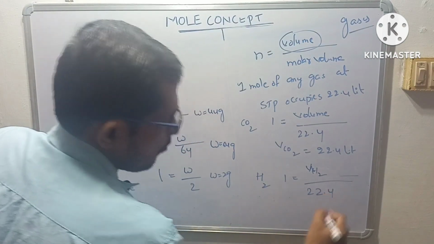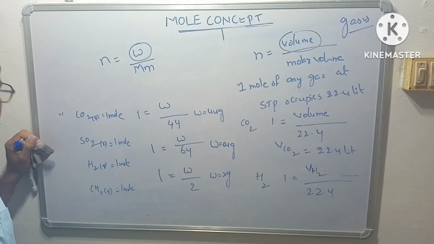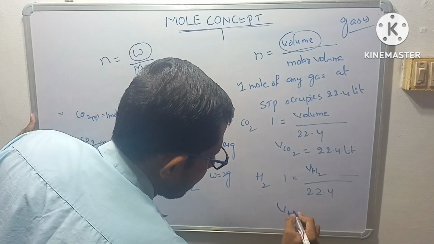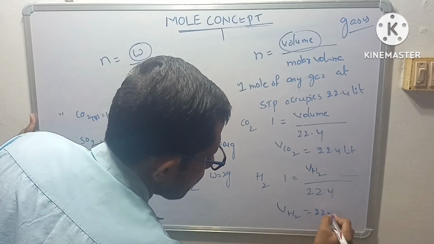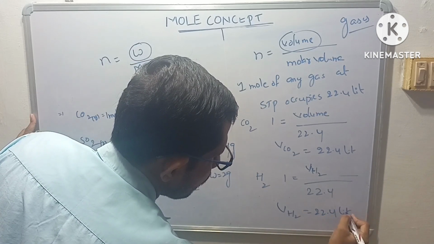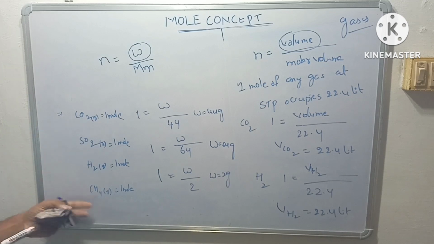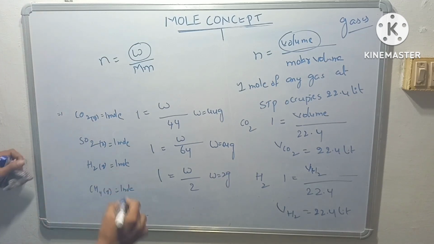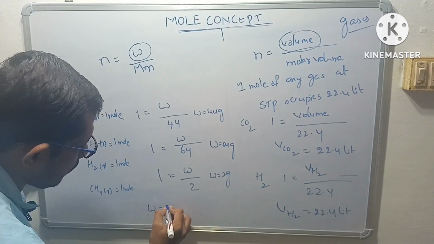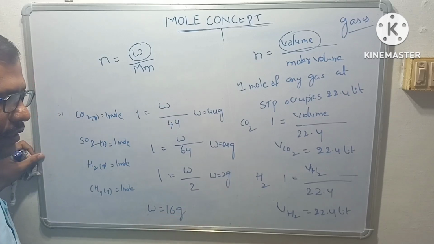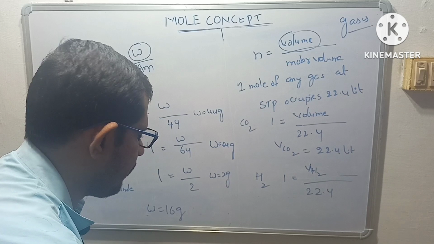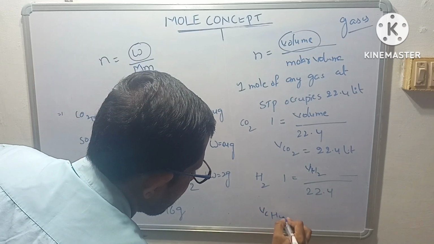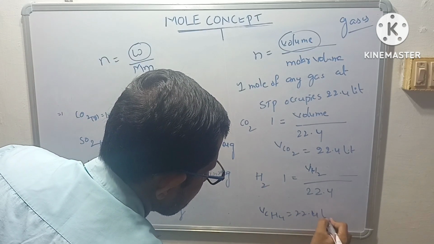Why? Because 1 mole of any gas at STP occupies 22.4 liters. So the volume for hydrogen is 22.4 liters. CH4 is also the same. The weight of CH4 will come 16 grams, but the volume of CH4 will come 22.4 liters.